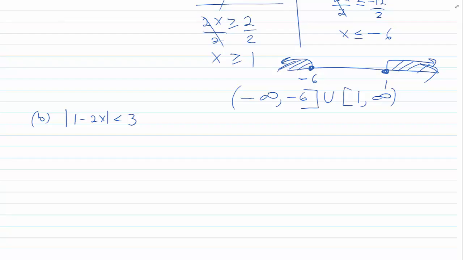So less than 3 visually, and it's a good idea to see this visually. Visually, here's a 0, here's 3 units. So it's 3 to the right, 3 to the left. Okay? So if you're less than, that means you are at most 3 units away from 0. So what is your interval that you're looking at?